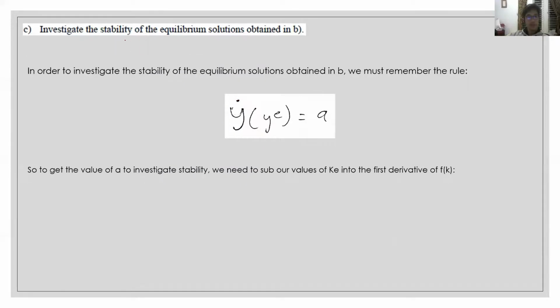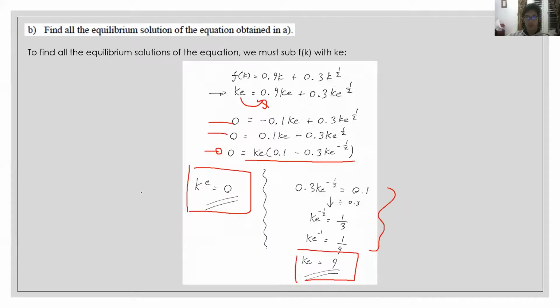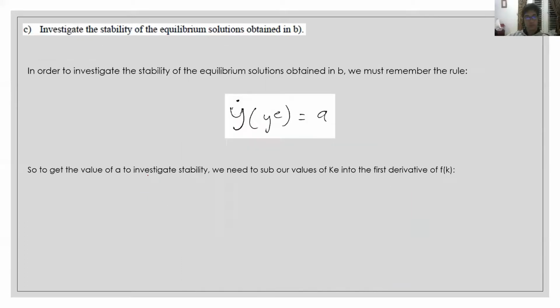So now to investigate the stabilities that we found in B, these two equilibrium solutions right here. In order to investigate the stabilities, we must remember the rule: y dot equals ye equals a. So basically the first derivative, or we can also write that as the first derivative of ye equals a.